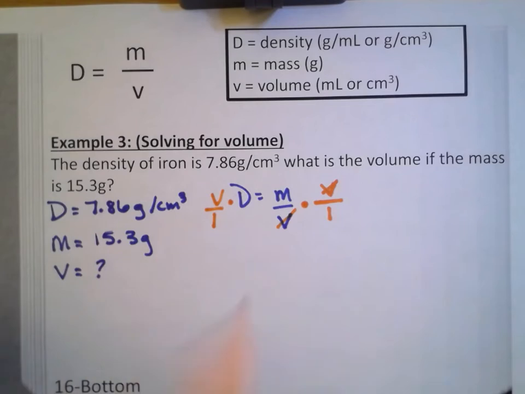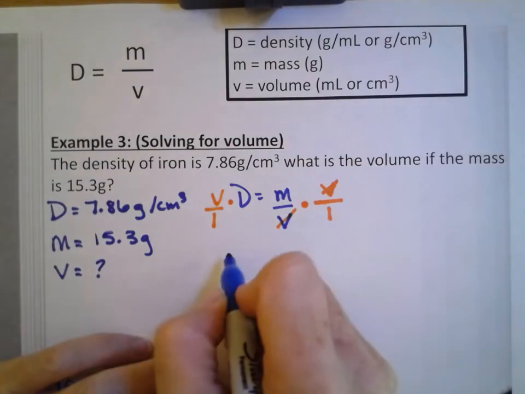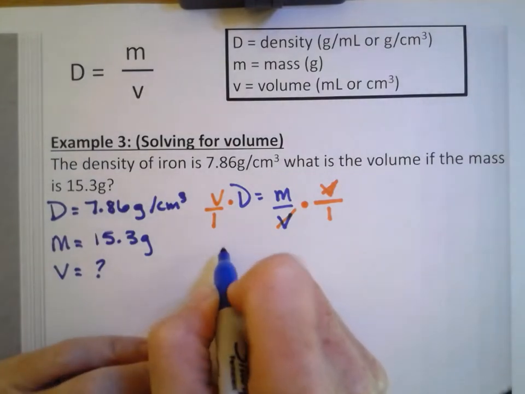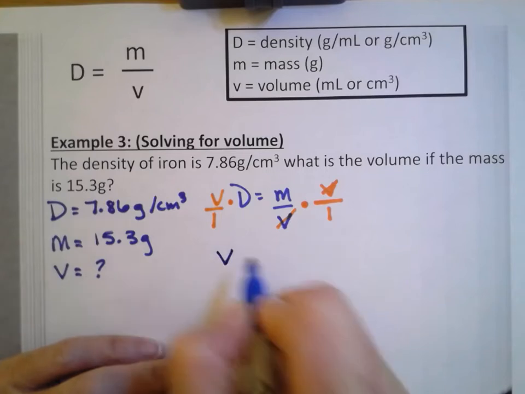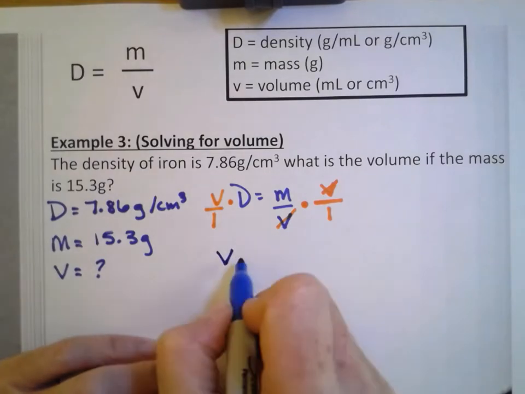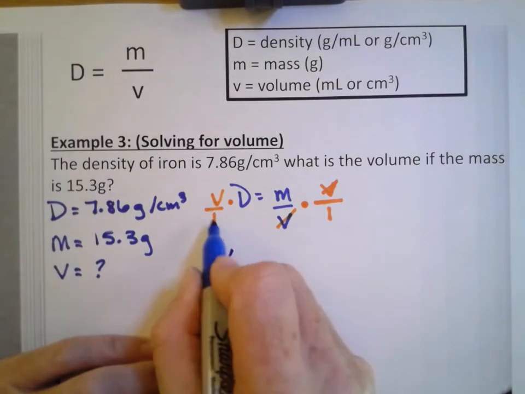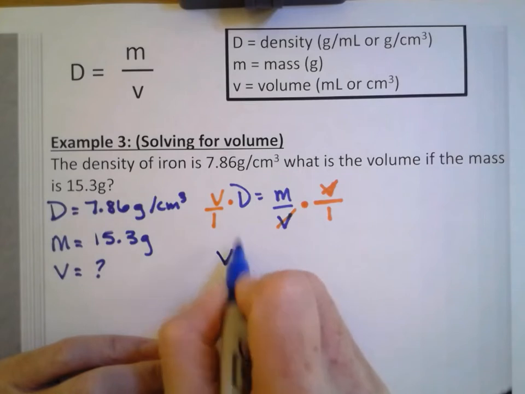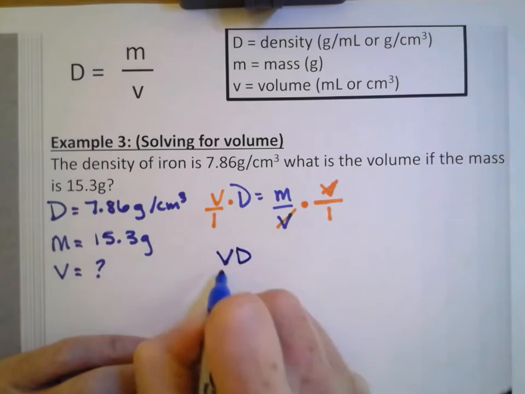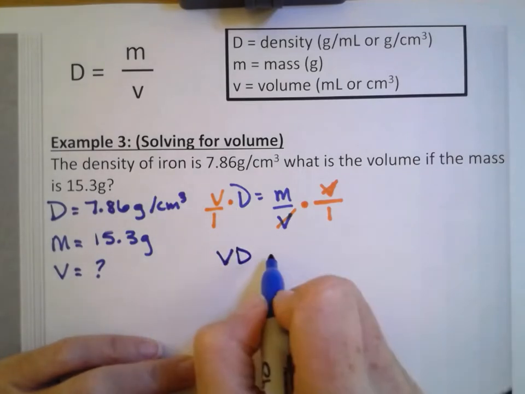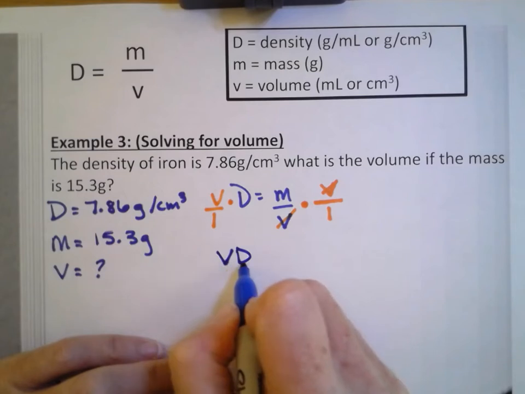My suggestion is to always rewrite the formula real quick. It only takes a little bit of time so you can tell what you have canceled out and where things are now. So I have a v. I'm not going to write the 1, it's understood. I'm not going to write the multiply because that's also understood when the variables are next to each other. So v times d is equal to m.